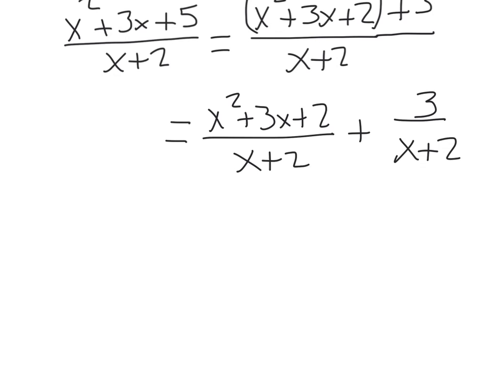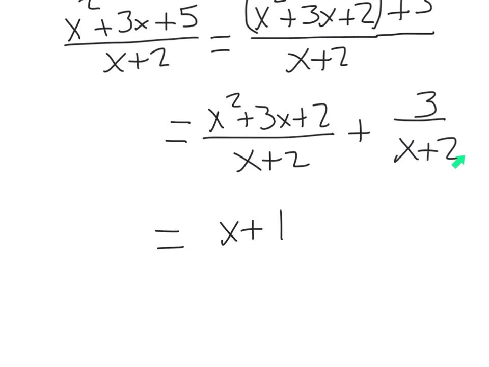So once again, I'm just separating it out. This whole thing is identical to this whole thing, which is identical to this whole thing. They're all the same. What do we know from the previous page about this? That whole thing turned out to be x plus 1. We go through the chain again, but that's the answer on that part. And I've got this extra piece left over. That, folks, is your remainder.